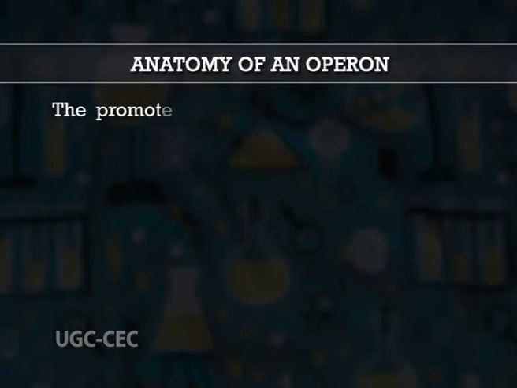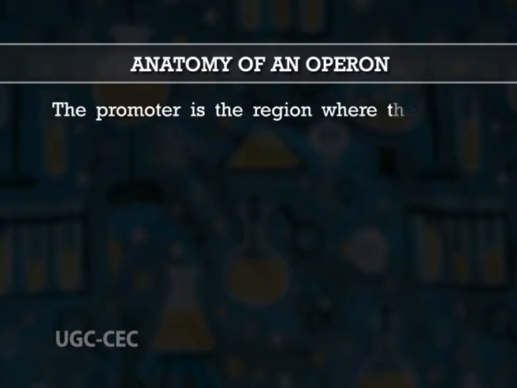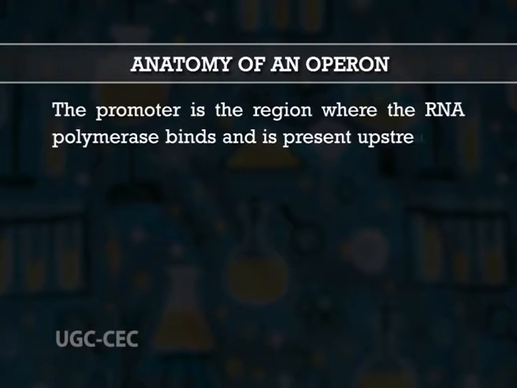In addition to the structural genes, an operon also includes the promoter and other regulatory sequences that regulate the expression of the genes. The promoter is the region where the RNA polymerase binds and is present upstream of the genes in an operon.